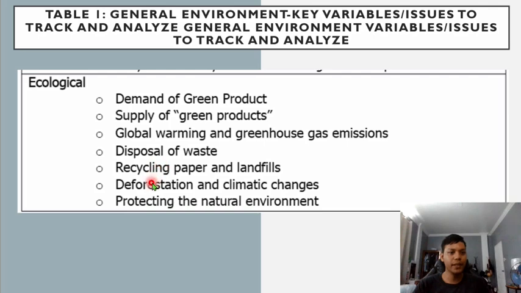And also, for example, here, recycling paper and landfills or using plastics. That is why, as you can observe in fast food chains, McDonald's or Jollibee have used paper straws, or they don't provide a straw, to follow the regulations of the government to protect our nature.